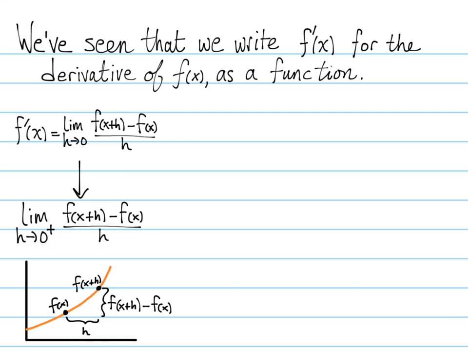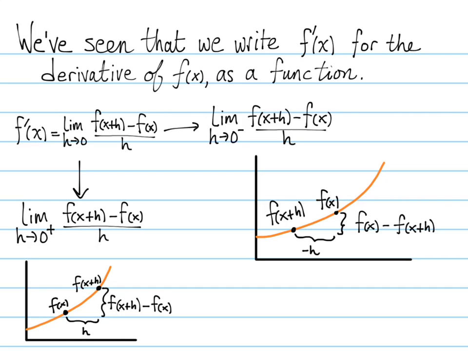And remember that as h goes to 0 means two things. One, when h is positive, and two, when h is negative. So below, we have a picture of what's happening when h is positive. We have f of x plus h minus f of x being the difference in the height of the two values, f of x and f of x plus h, and h itself being the difference between x and x plus h.